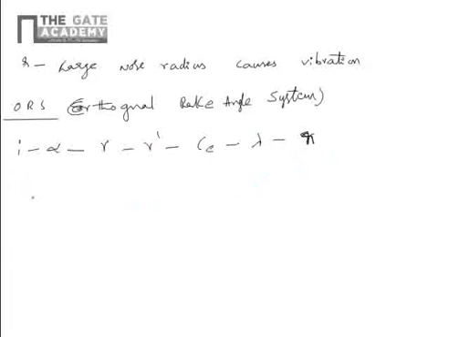Here the notation will vary from textbook to textbook. I is inclination angle. Alpha is orthogonal rake or side rake angle.